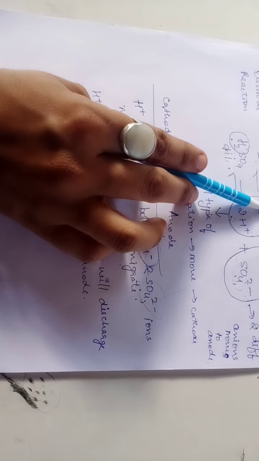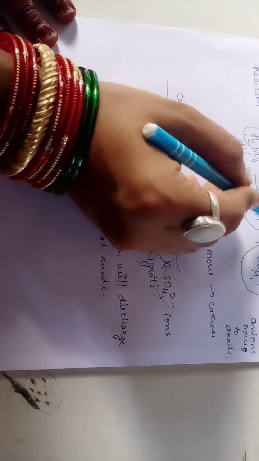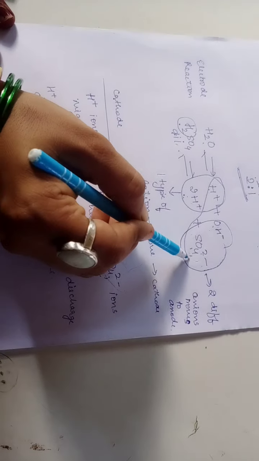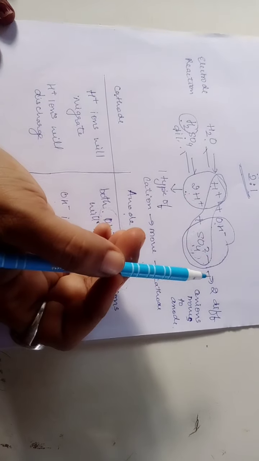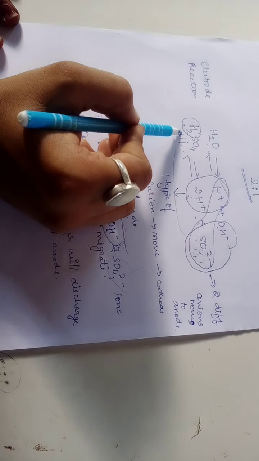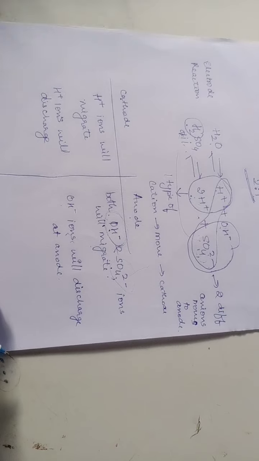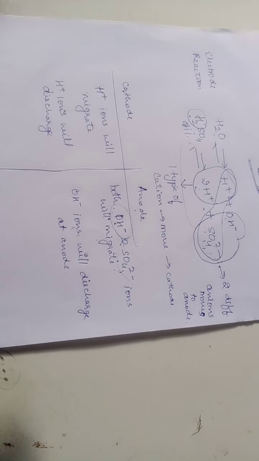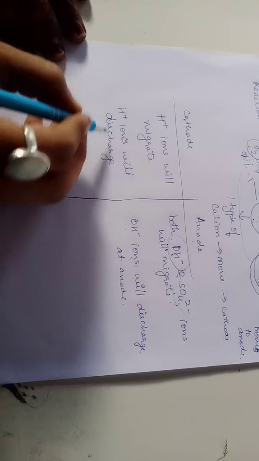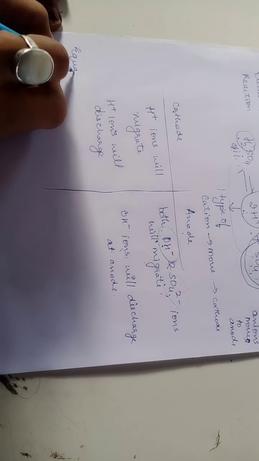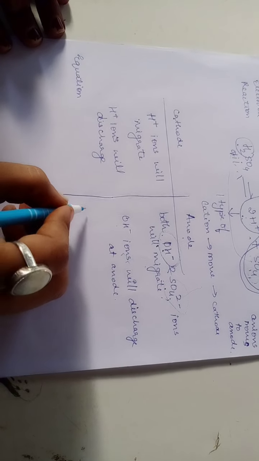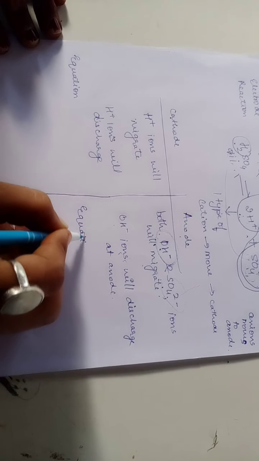Excess H plus ions will again combine with the sulfate ions, and it will again form sulfuric acid. So it will counterbalance the process. Now you need to remember what is the equation at the cathode and what is the equation at the anode.